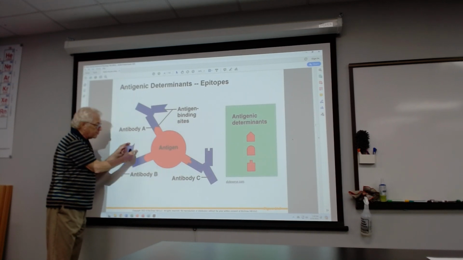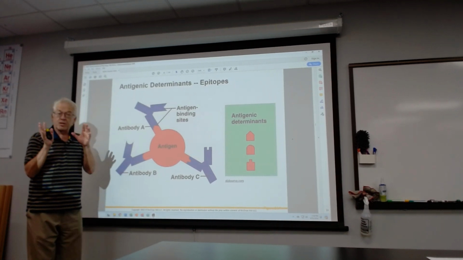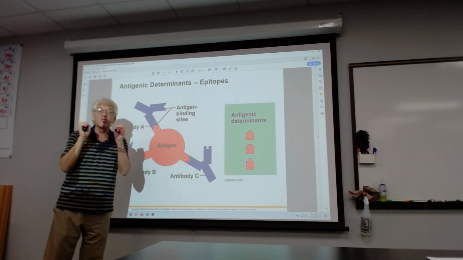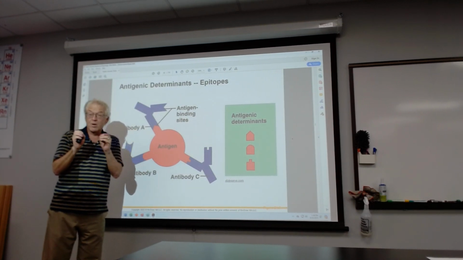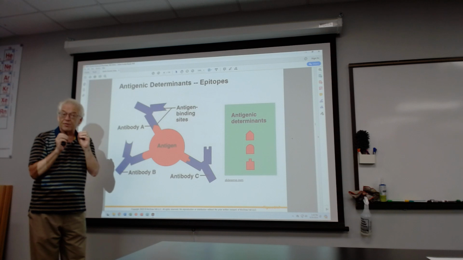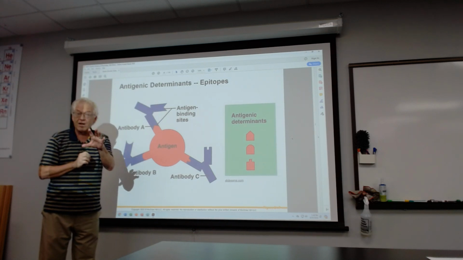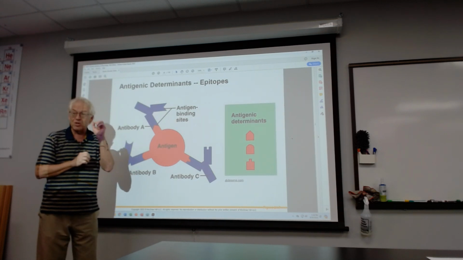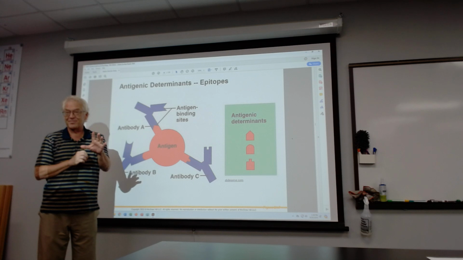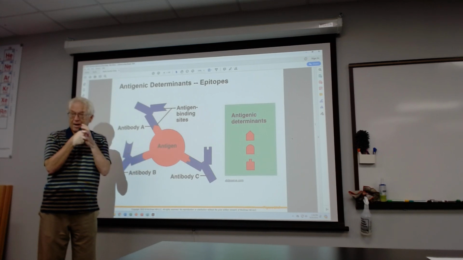That's why all antibodies are proteins. Why? Because proteins come in shapes. We have billions of different B cells that can make billions of different shaped antibodies. And it's the shape that counts. That's how they make contact.